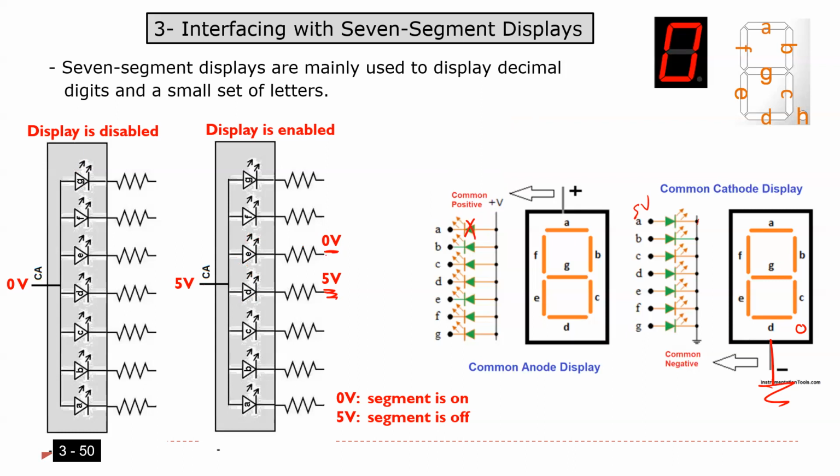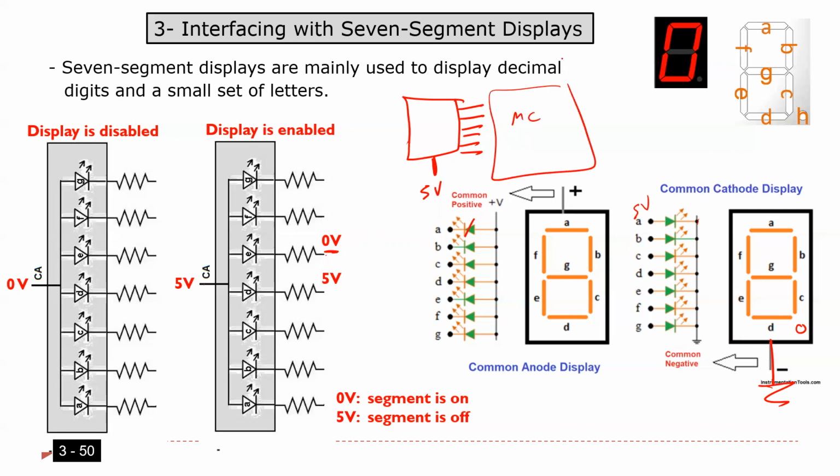So again, if I want to use this one, how can I use it? Very simple. Here you have the common anode, and I'm going to connect it to 5 volt. Then we have some pins for A, B, C, D, and so on, so I can connect them to the microcontroller.